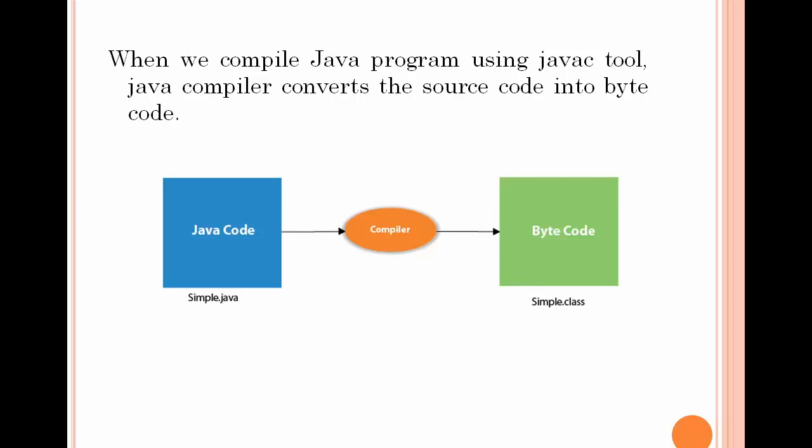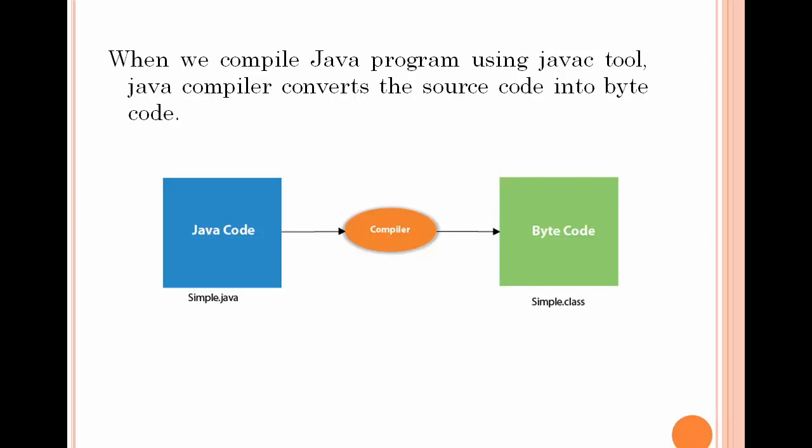When we compile a Java program using javac, which is the Java compiler tool, the Java compiler converts the source code into bytecode. Source code means human understandable code, whereas bytecode is machine understandable code. The extension of Java code is .java.